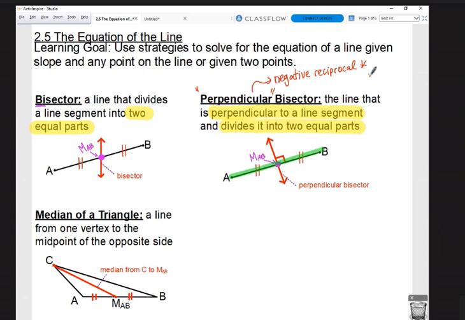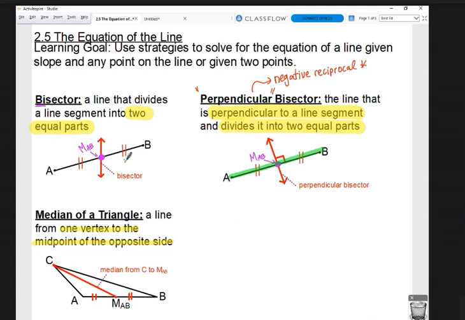The last thing here we have is a median of a triangle. The perpendicular bisector occurs on a line segment, but the median occurs on a triangle. It's a line that goes from one vertex, doesn't matter really which one, just one vertex, to the midpoint of the opposite side.